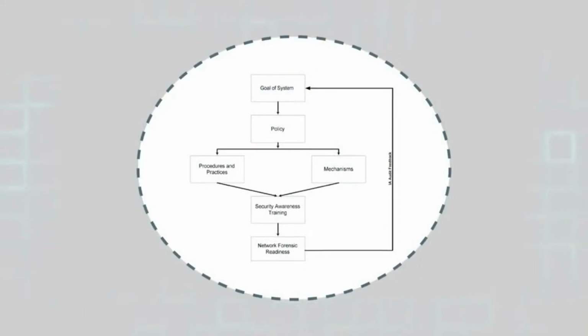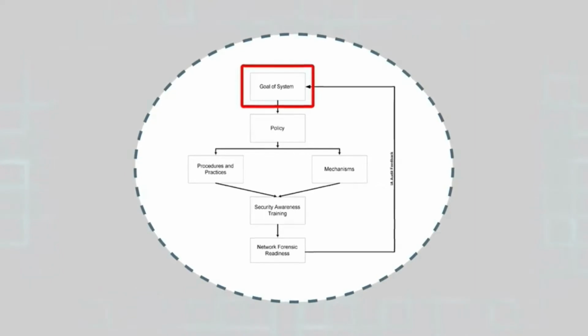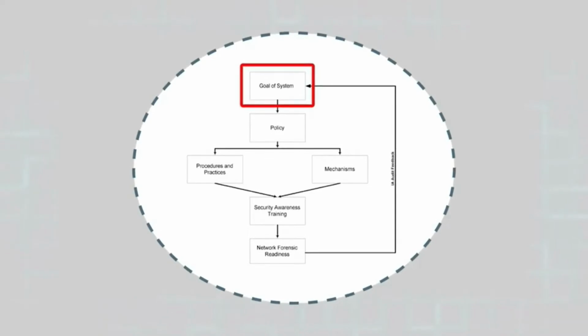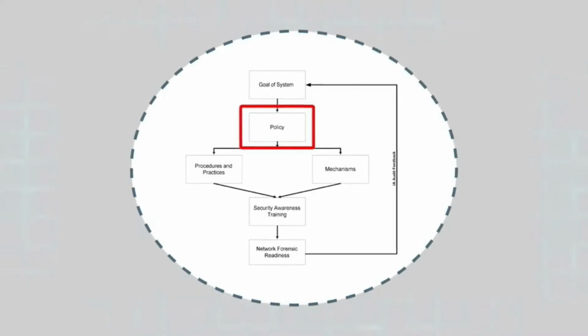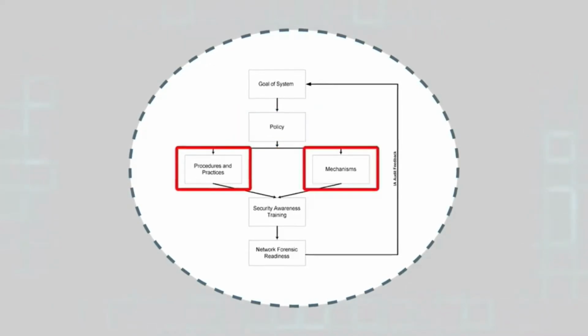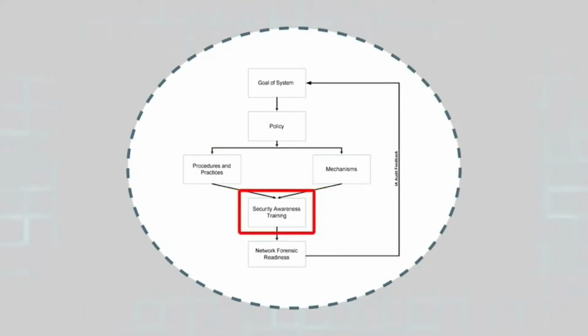We insist that our practitioners understand the goals and mission of the organization that they're defending information for. And then that, along with understanding your governance and compliance and risk constraints, will lead to policy that will protect the right information assets in the organization. And then those policies get implemented in controls that are either procedural or technical. And finally, all of that needs to be disseminated across the organization through information security awareness training programs.